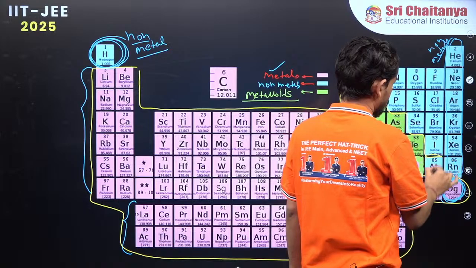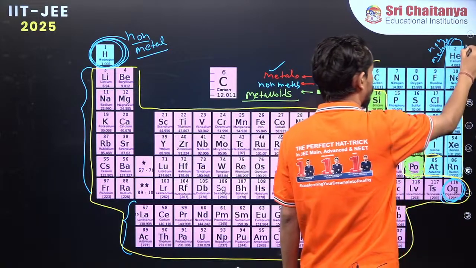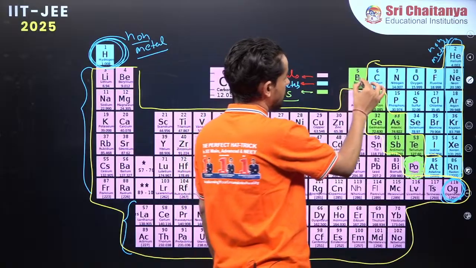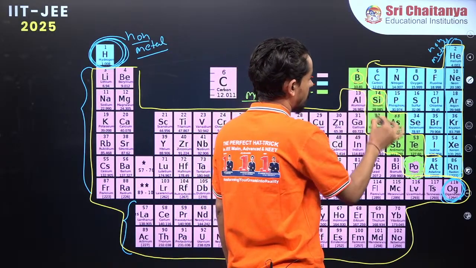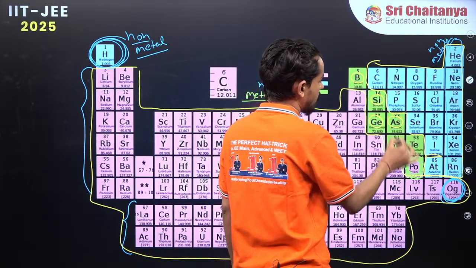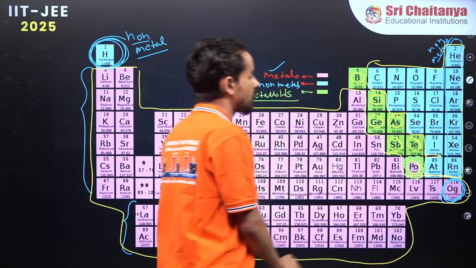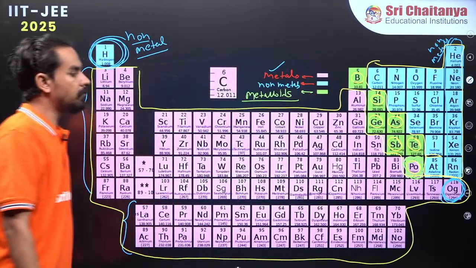And if you see it properly, you will get to know that these green things are metalloids: boron, silicon, germanium, arsenic, antimony, tellurium and polonium. So how many are they? 2, 2, 4, 2, 6 and 1, 7.